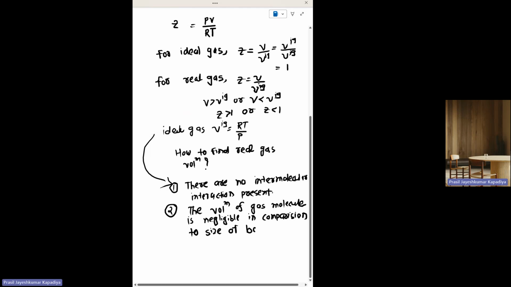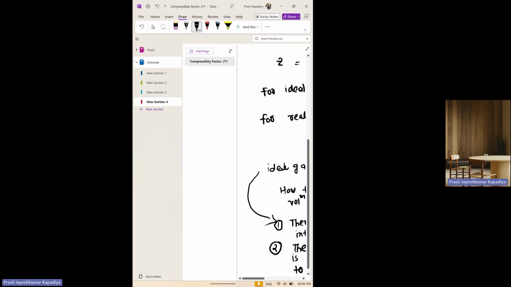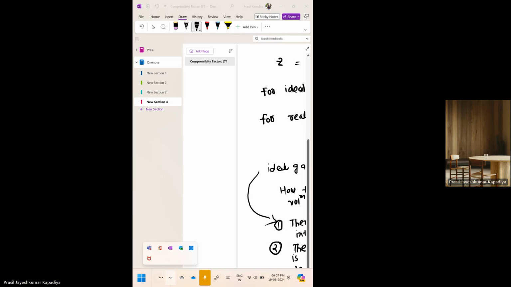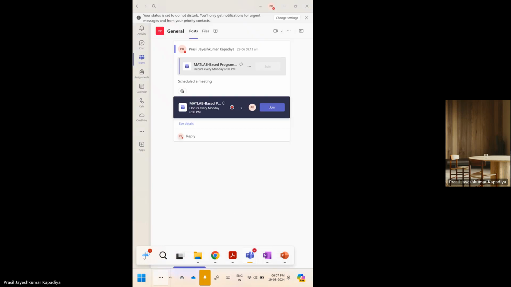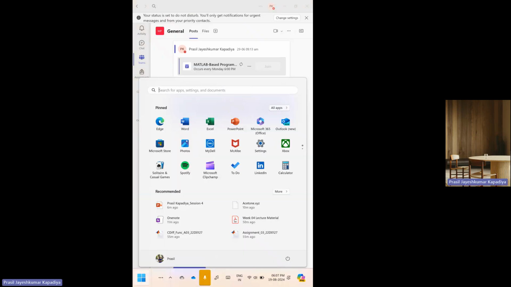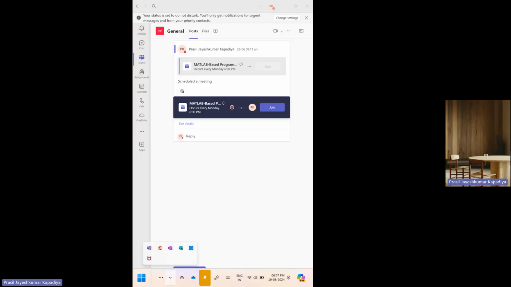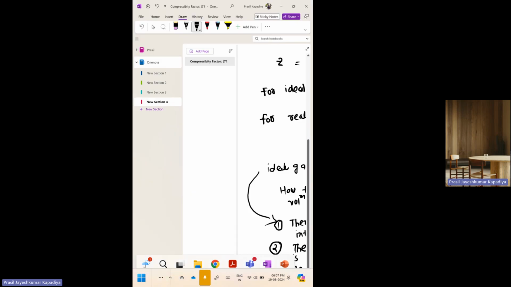If these two criteria are fulfilled, we can say that the gas is behaving like an ideal gas.